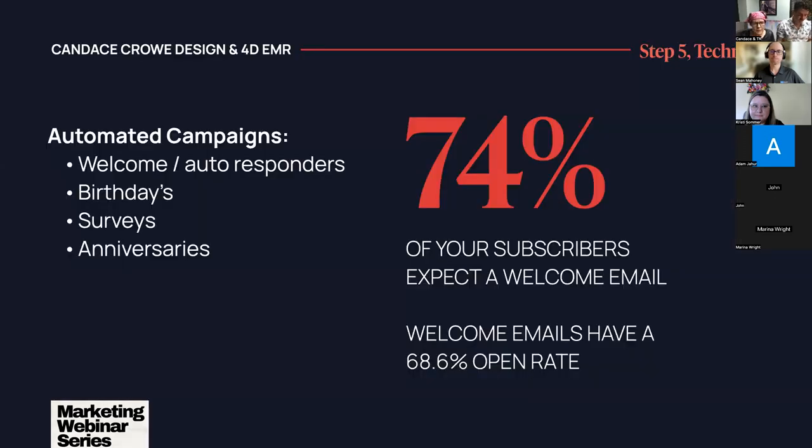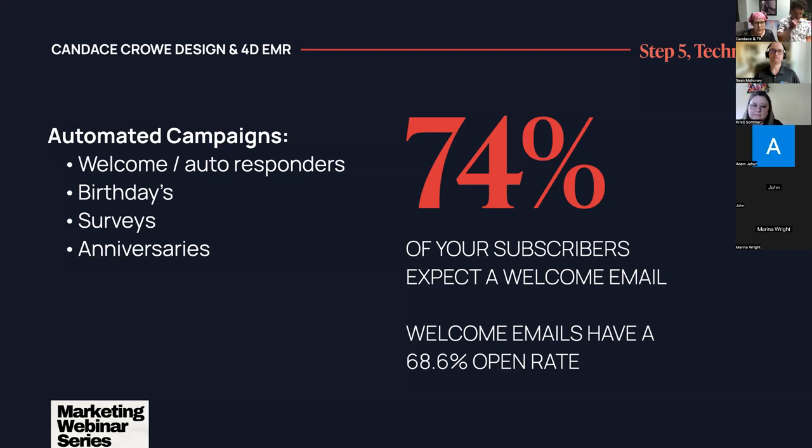So one thing that's often overlooked is your automated campaigns. They take a little time to set up, but they're well worth it. The first one I really recommend is a welcome email. When somebody subscribes to your email list from your website, a welcome email goes out automatically. Welcome to our newsletter.